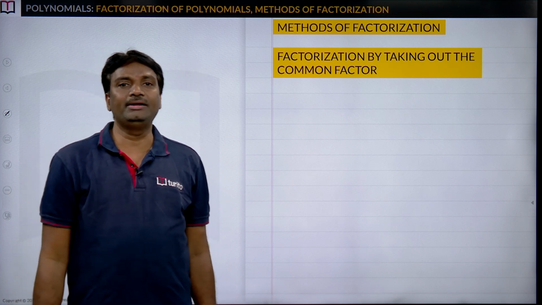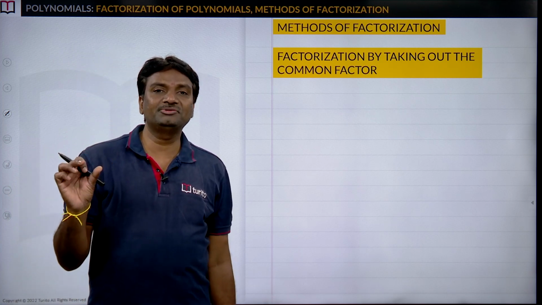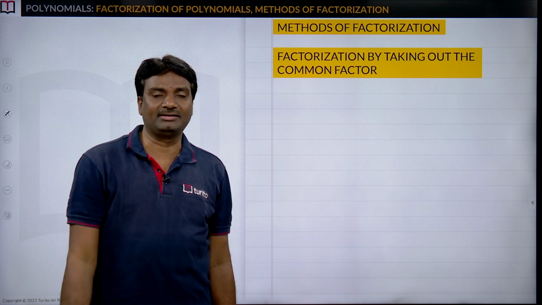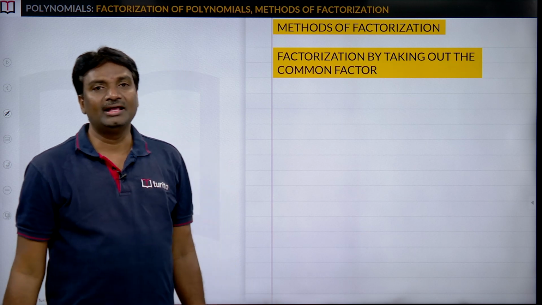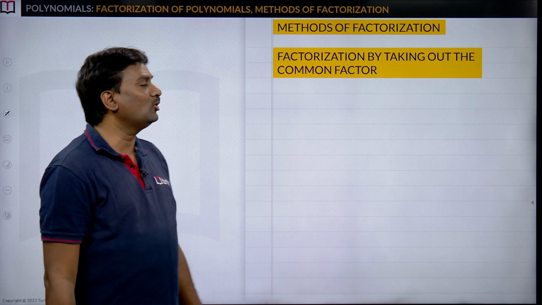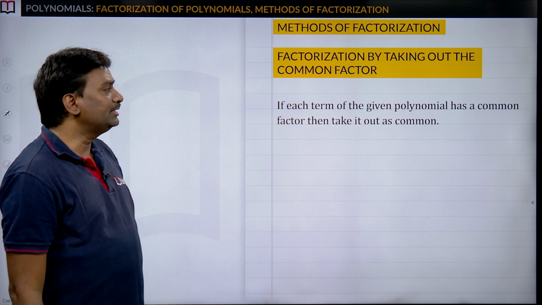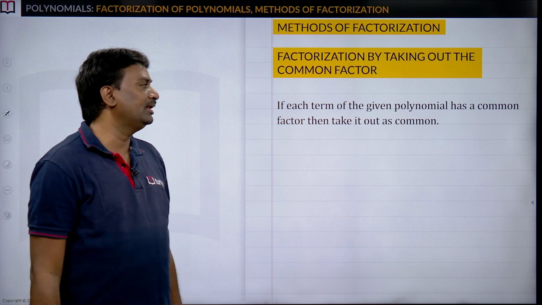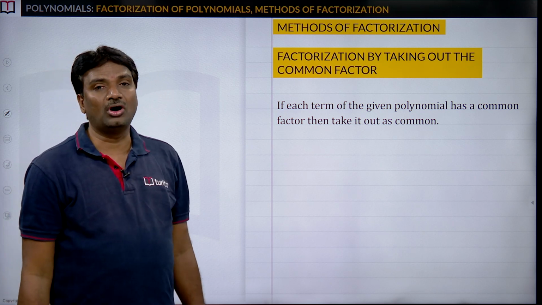In the given polynomial, if all the terms contain the same expression as a factor, then we can take that as common. So, factorization by taking out the common factor. If each term of the given polynomial has a common factor, then take it out as common.